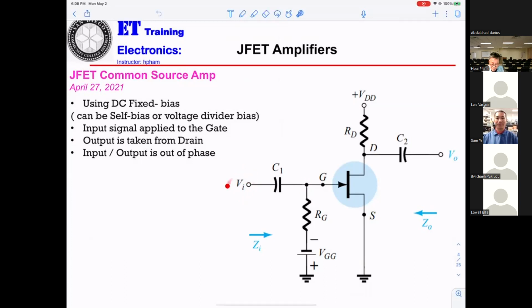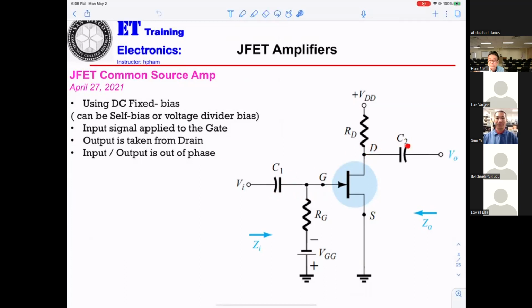Any DC from V input here cannot go to the gate. C2 the same thing. You understand the C2 will be a DC block. The thing is, at the drain in here, you will get two different voltages. One voltage is the DC bias, and another voltage will be the amplified input signal.